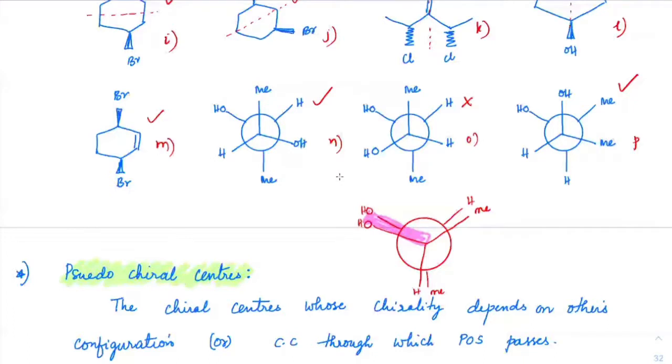Yes, sir. If I take that, this methyl and this methyl are on different carbons, understood? If they are on the same carbon, then I can say they are reflections of each other. But this methyl and this methyl are not on the same carbon, although they are at right angles, they are not the exact reflection.